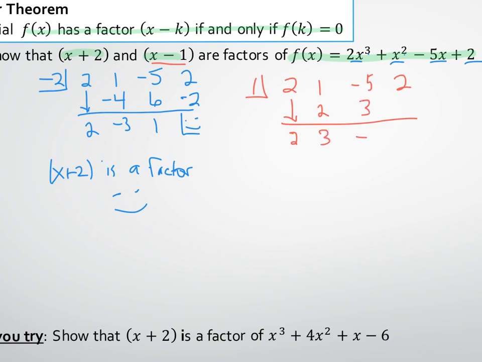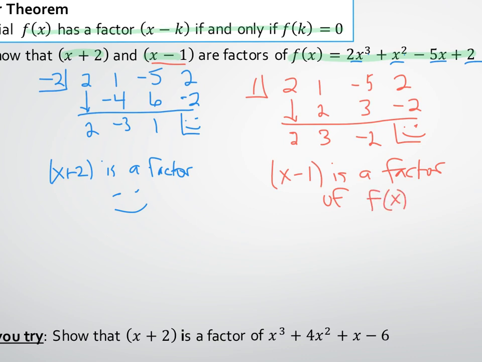Negative 5 plus 3 is negative 2. And negative 2 times 1 is negative 2. Notice it worked again. So we can also say that x minus 1 is a factor of f of x. Okay, and that's it. That's all you've got to do.